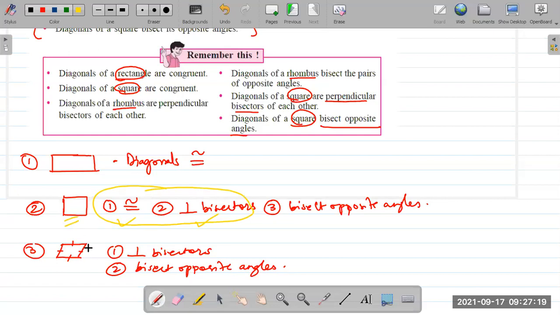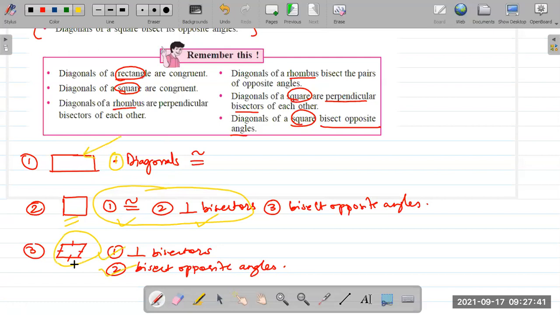If I say the diagonals are congruent to each other, only one property, you should be able to say that yes, it is a rectangle. Okay, if I'm saying the diagonals are perpendicular bisectors and the diagonals bisect the opposite angles, you should quickly say yes, it is a rhombus.